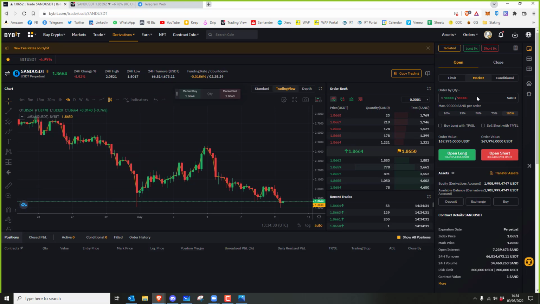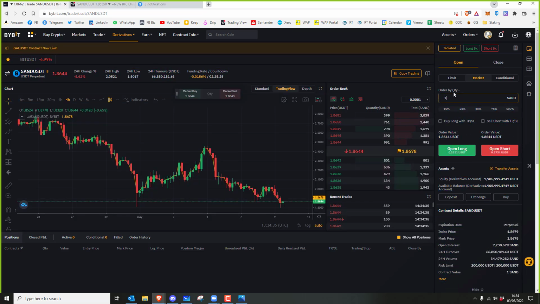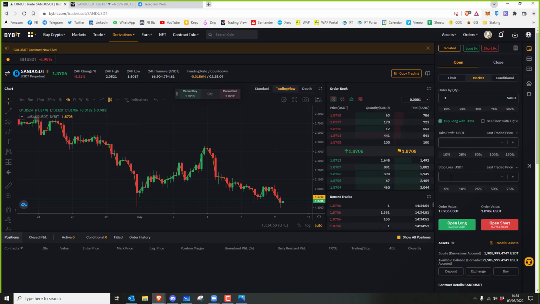So you put the position size in first. Let's just put 1 to make things simple. You then need to put a stop loss. We're going long, so you click buy. It says buy long, which makes no sense, with take profit / stop loss. So click that, and I go straight to the stop loss bit.